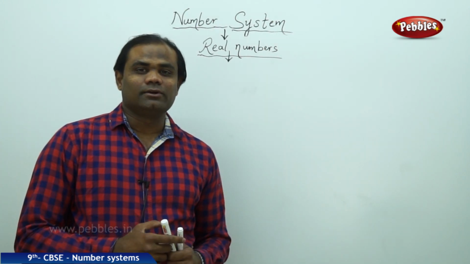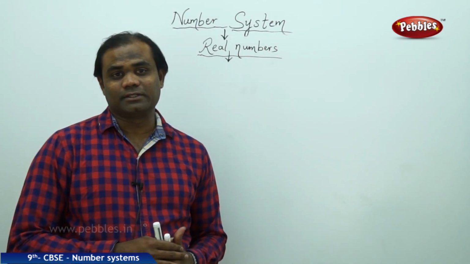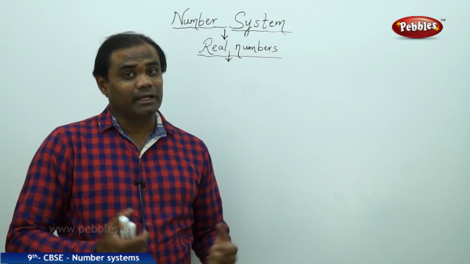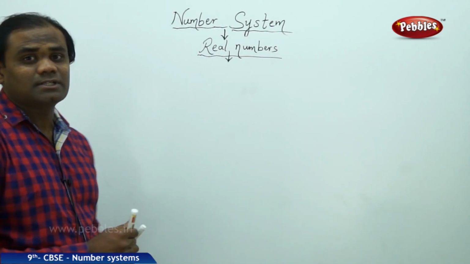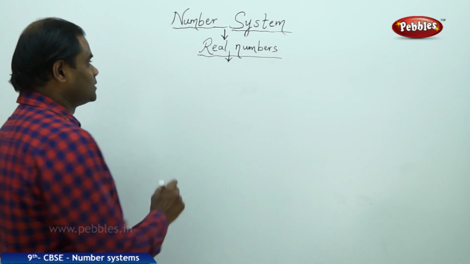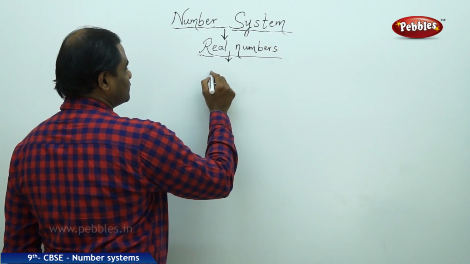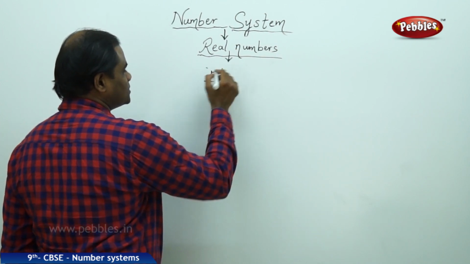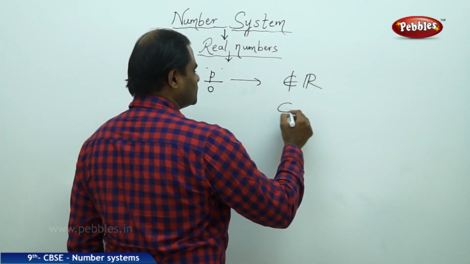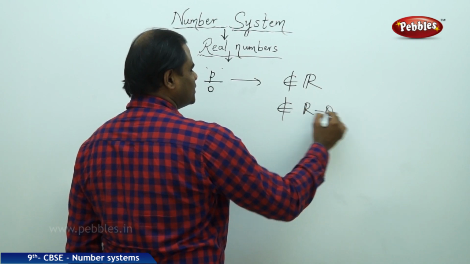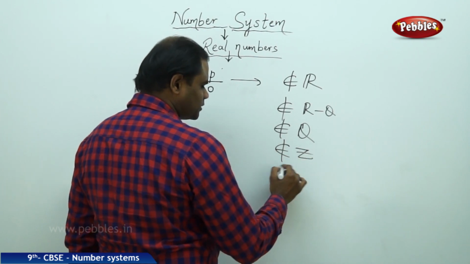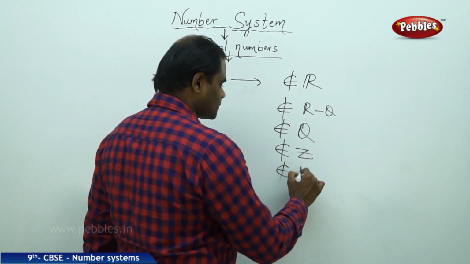Now let's see the relation of 0 in the denominator connected with R, Q, R minus Q, Z, W and N. As we have discussed in each of the examples, we have identified a very important note: any number where the denominator is 0 can never be a real number, can never be an irrational number, can never be a rational number, can never be an integer, or can never be a whole number.